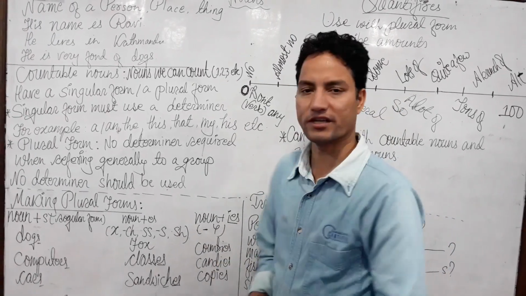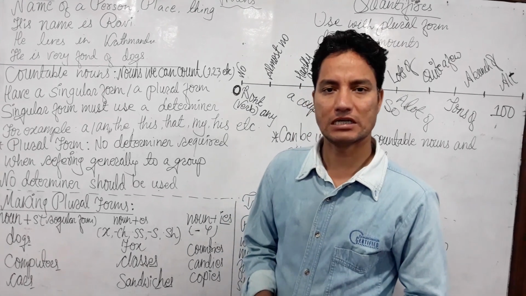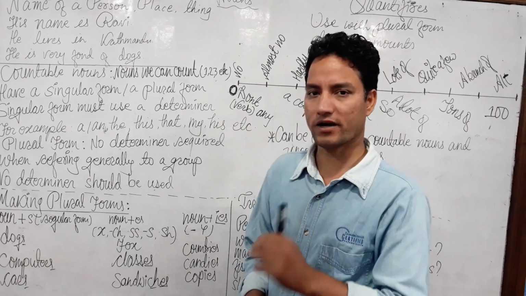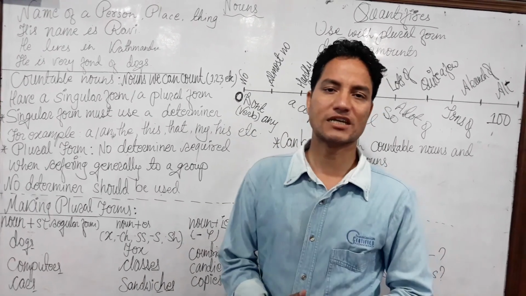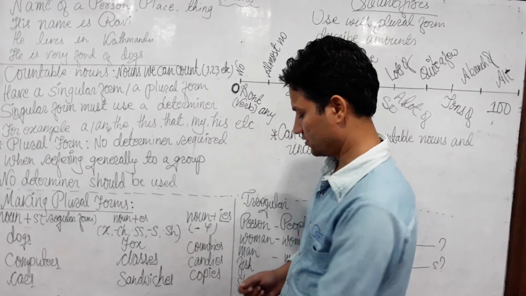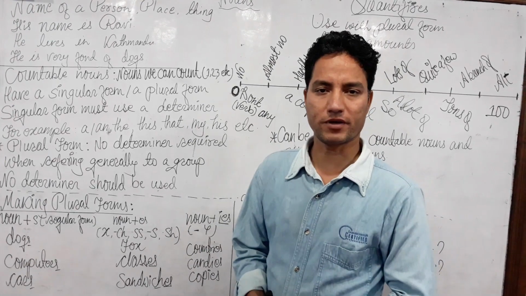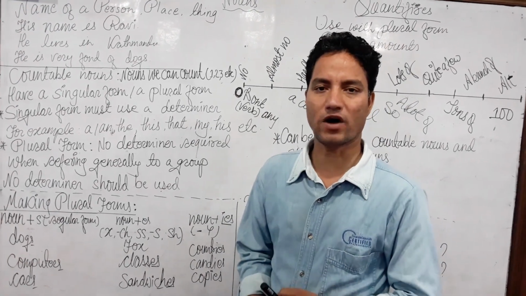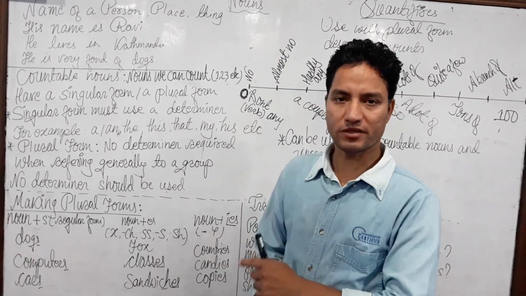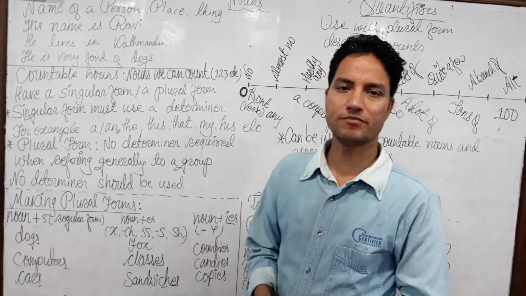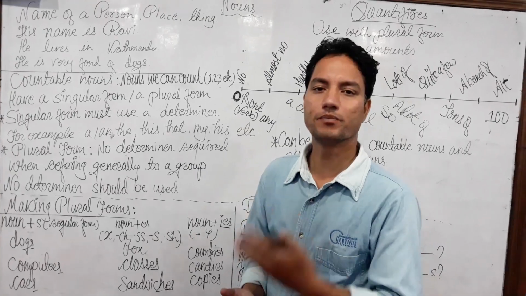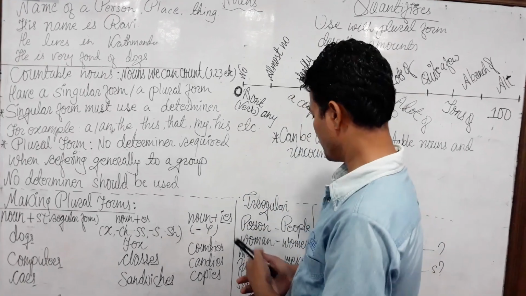For example, country becomes countries, and copy becomes copies. The word ends in y, so to change it into plural, we added ies by removing y. These are some of the simple ways of changing a singular countable noun into plural.